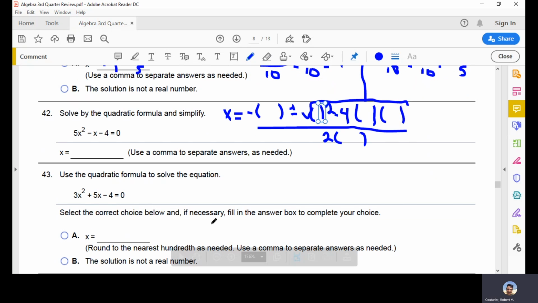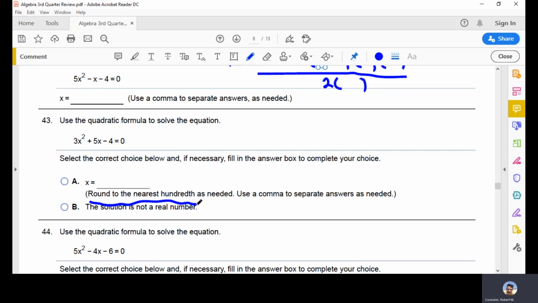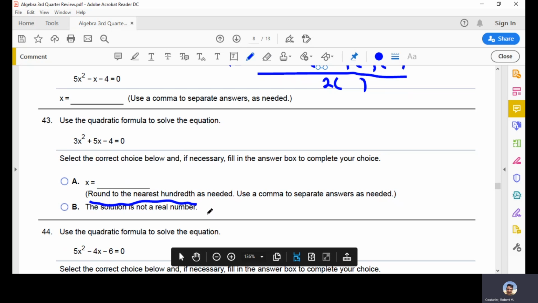Okay, here's one that is going to be a pain. You're going to finish 42 on your own. 43, notice what it says. Round to the nearest hundredth. Hundredth is 2 decimal spots, so it's like a point something something. Okay, you have to be careful on this one.